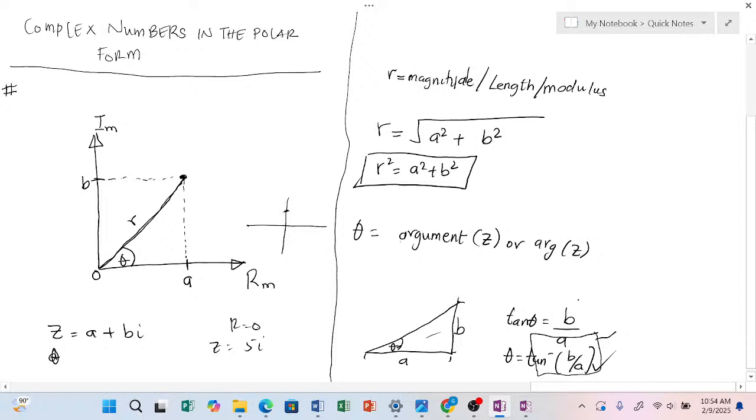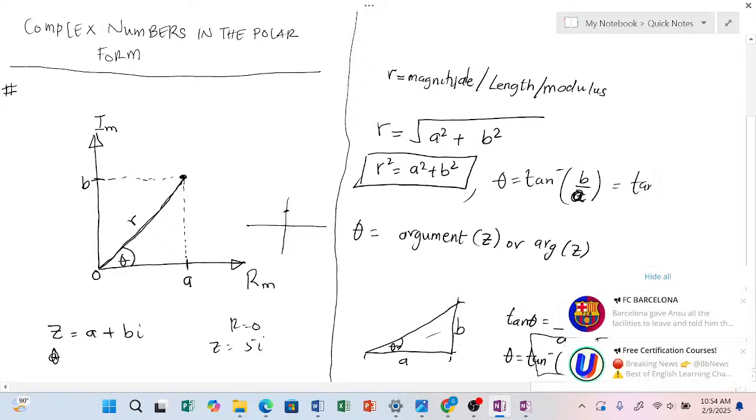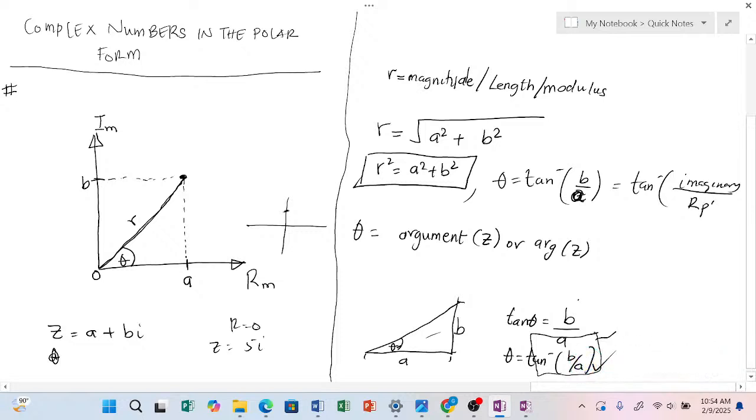So these are the two equations that we are going to work with. This and the argument: tan inverse of B over A, which is tan inverse of the imaginary part over the real part. The imaginary part over the real part.